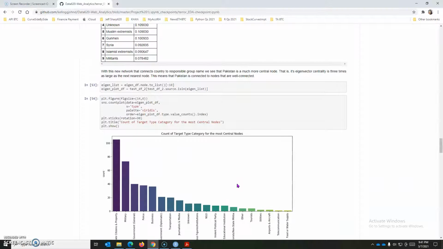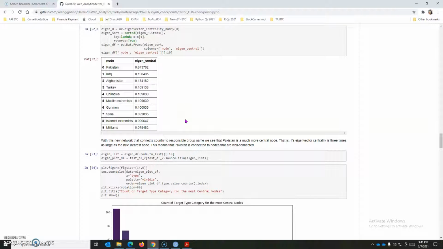What stands out and caught our attention is that Pakistan, being the most central node, has an eigenvector centrality score of 0.64, which is way above 0.5, and it weighs almost the same as all the rest of the top 5 combined. So that is very interesting for us.